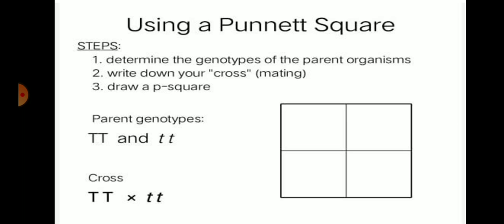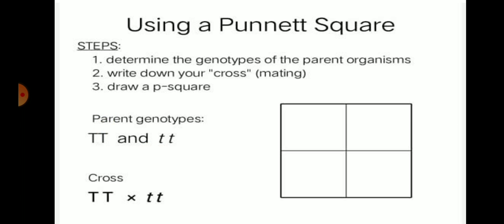So how do we use the Punnett square? Step 1 is to determine the genotype of the parents. First of all, we have to know the genotypes of the parental organisms. The parental organism genotype is capital T and small t.